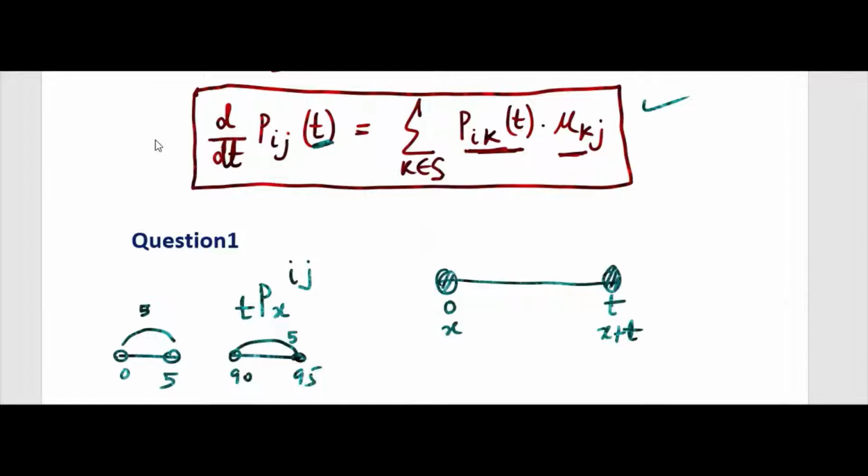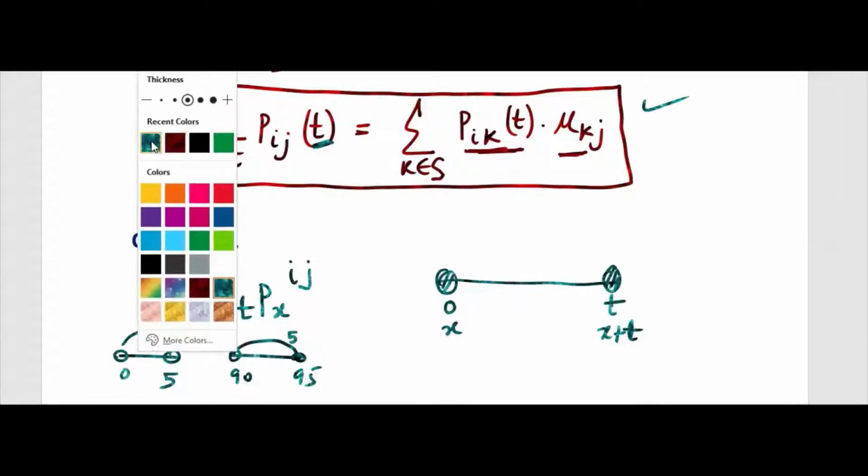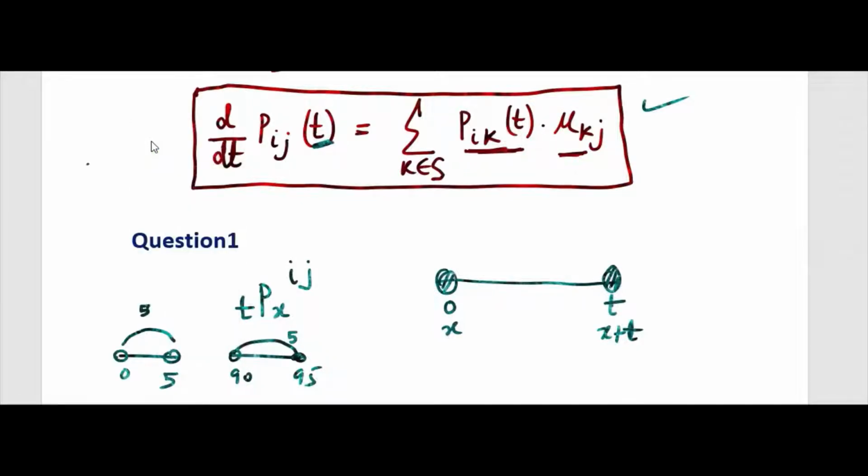When you go to the next chapter, that is inhomogeneous, there we'll write everything i to j, but when you start at i, that also we'll mention. It could be age also, x to x plus t, and that way the duration will be t. Here we write only the difference. Coming to the notations we use in life insurance, here we need to write age also.